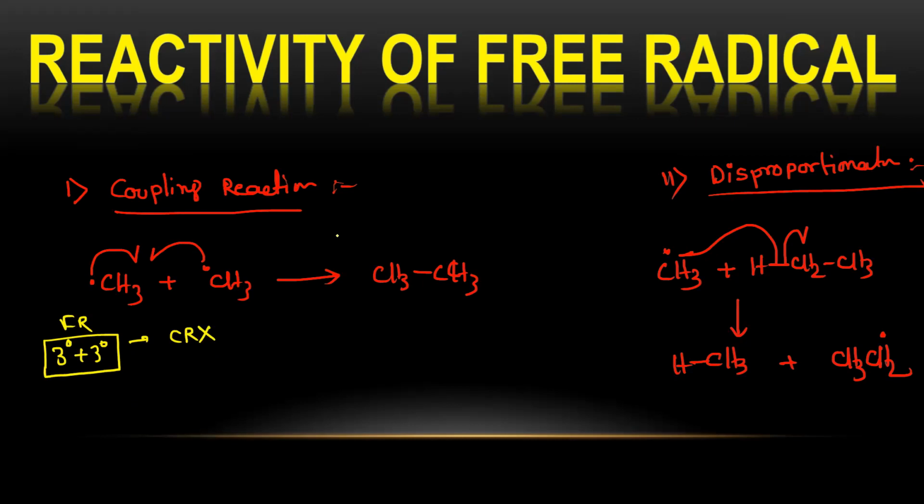For example, 3 degree means triphenyl methyl, the phenyl dot plus phenyl dot. This will not generate the coupled product. Why? Because due to the steric hindrance of 3 phenyl rings, both the carbons will not be able to come closer and couple. This is the reason.